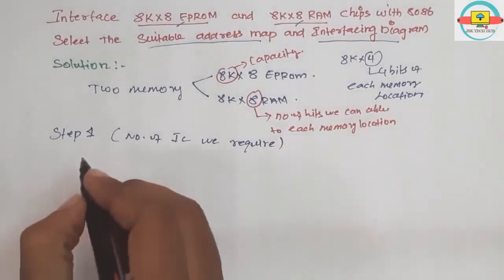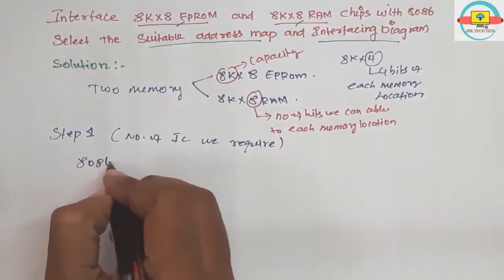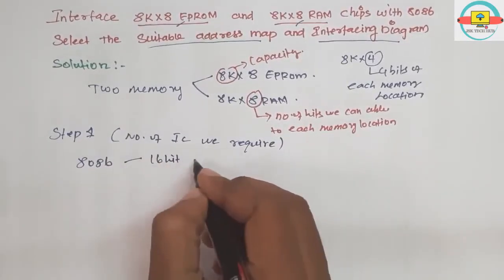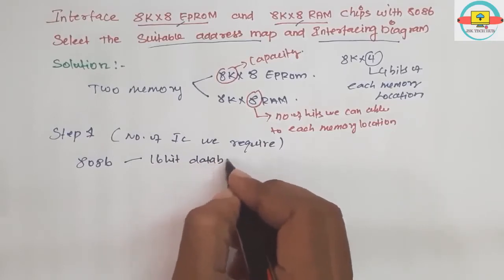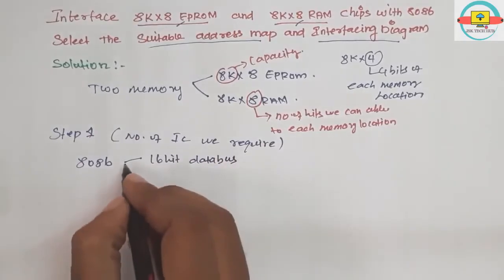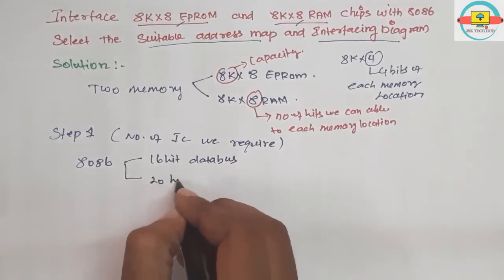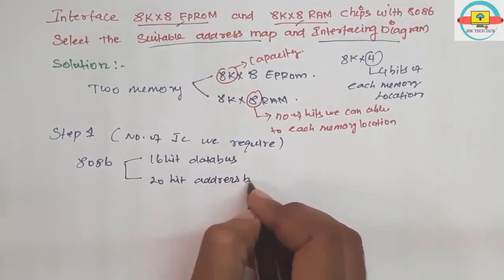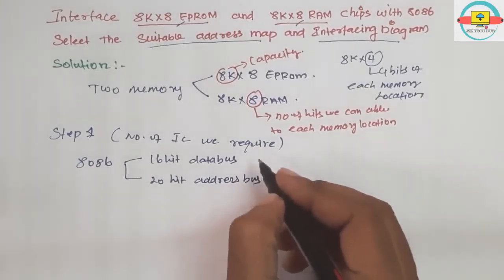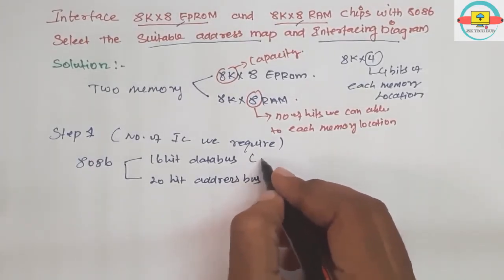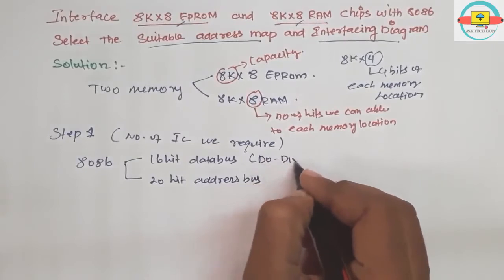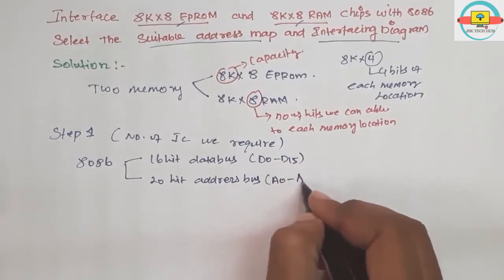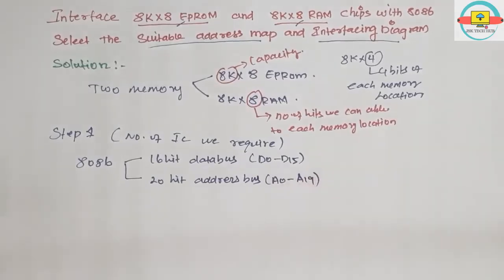The Intel 8086 has a 16-bit data bus and a 20-bit address bus. This data bus starts from D0 to D15, and the address bus starts from A0 to A19.